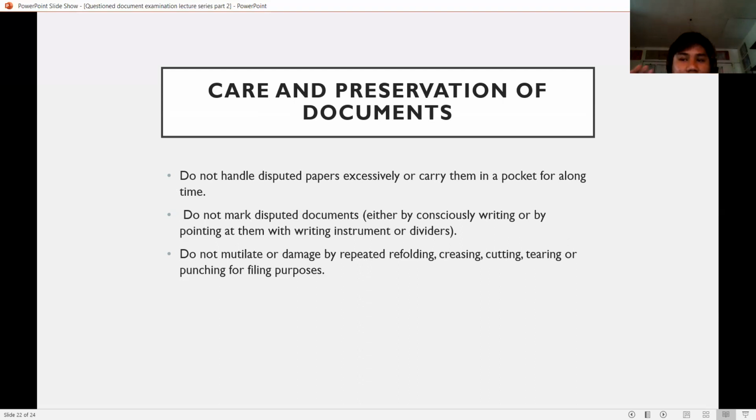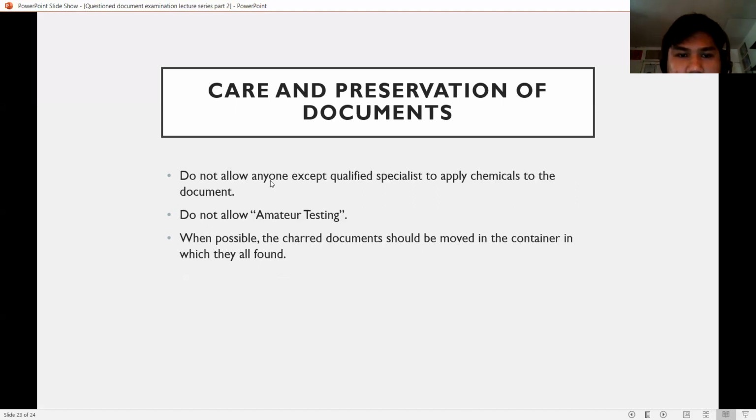So handle with care the disputed document. And do not mutilate or damage by repeated refolding, creasing, cutting, tearing, and punching for filing purposes. Using a puncher for filing purposes, don't do that. Do not damage the document.